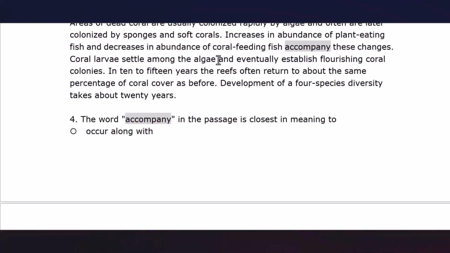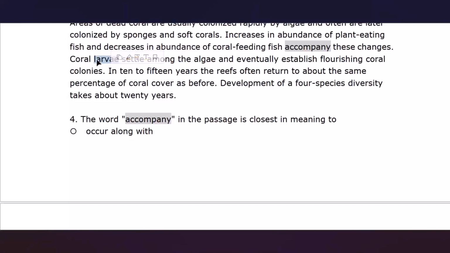We don't put any comma before and because after and we don't have a different subject for the main verb establish, and the subject of establish is the same coral larvae, which is the subject of settle too.